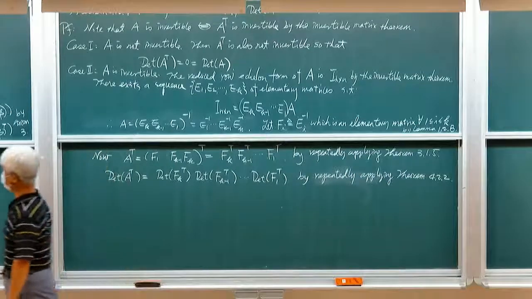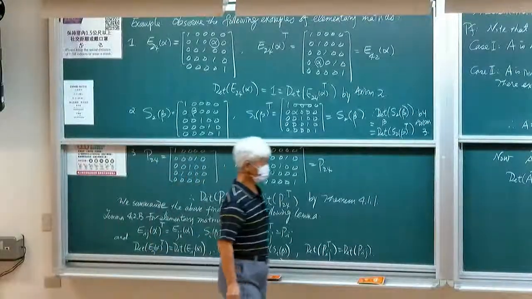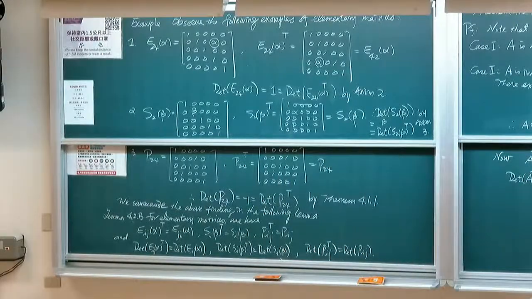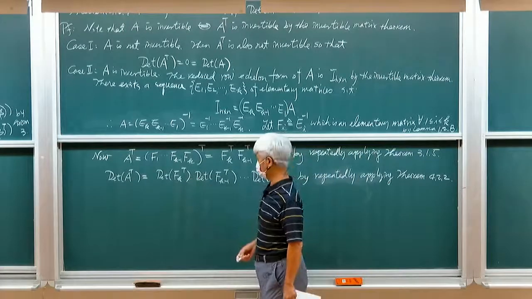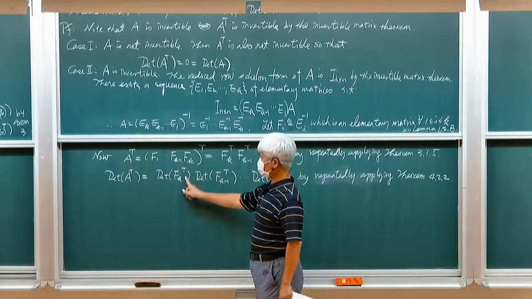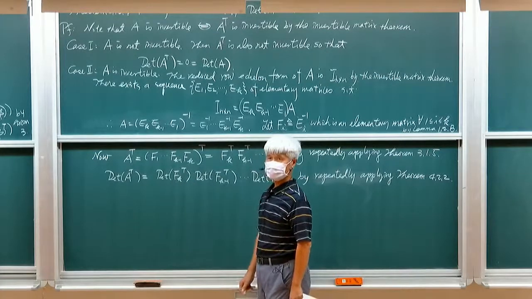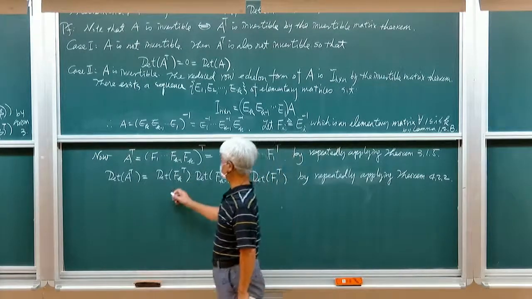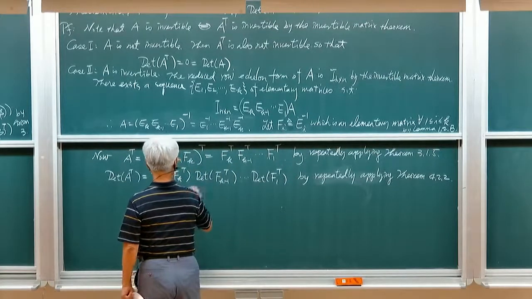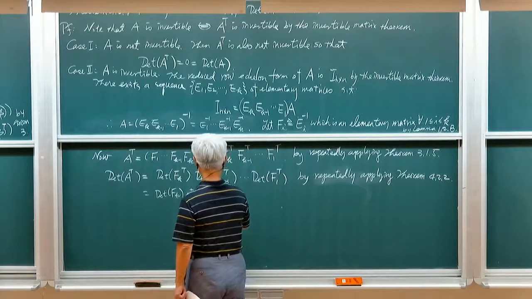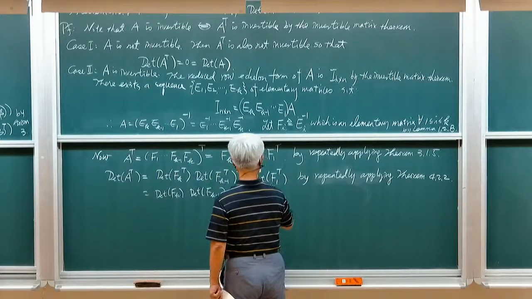Okay, and now we will use lemma 4.2.1b, because that lemma tells us that for elementary matrices, the transpose of an elementary matrix has the same determinant as its original determinant value. So this is the determinant of Fk, this is the determinant of Fk minus 1, and then this is the determinant of F1.